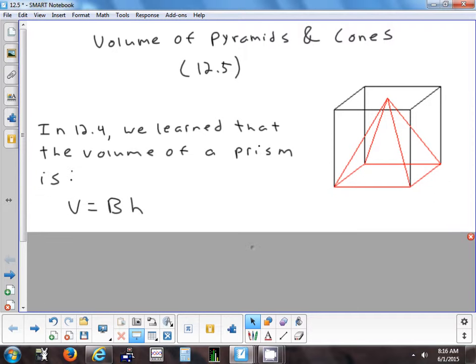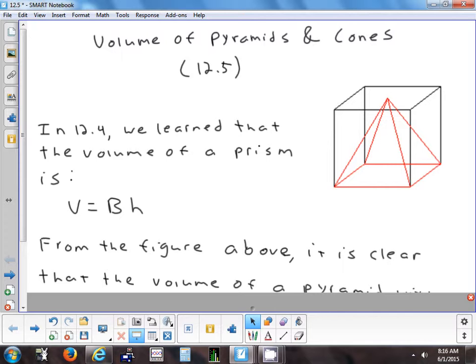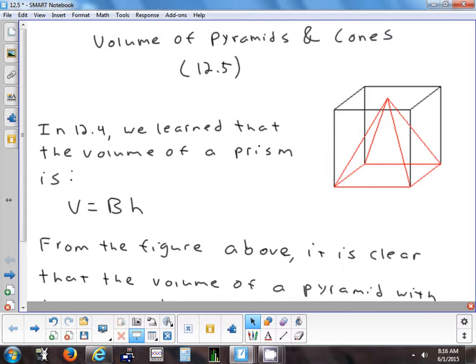So this is the formula that we learned in the last section. The volume of the prism is the area of the base times the height. Sometimes what I do, if I can remember to get all the stuff, I don't have it today, is I show a pyramid and a cube that have the exact same size base and the exact same size height.